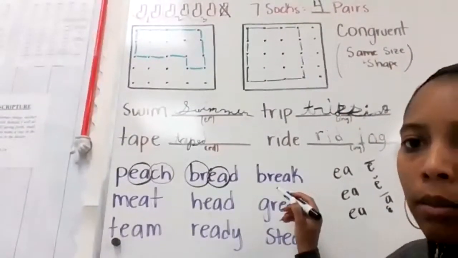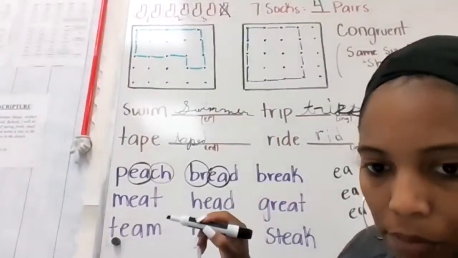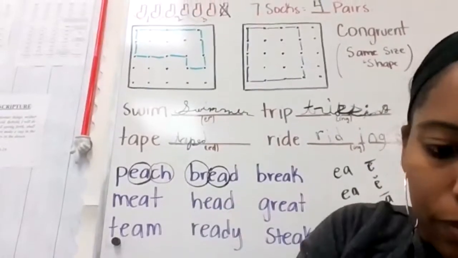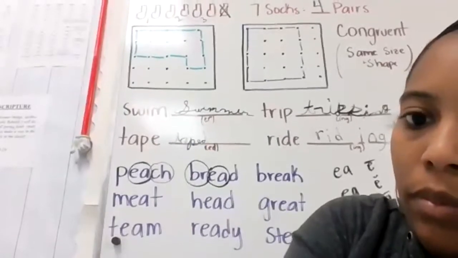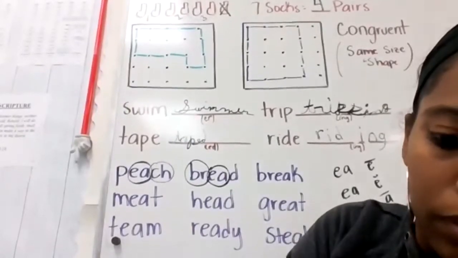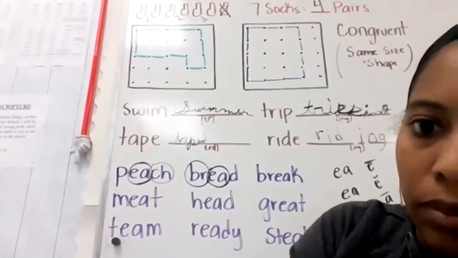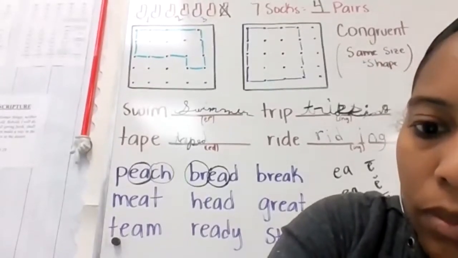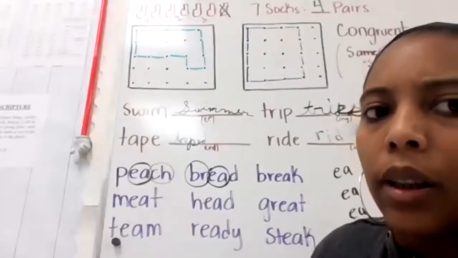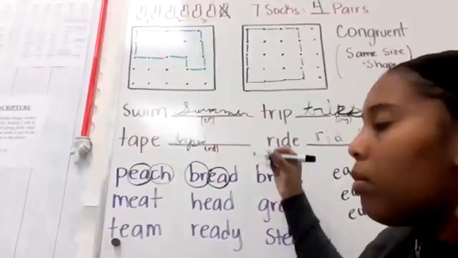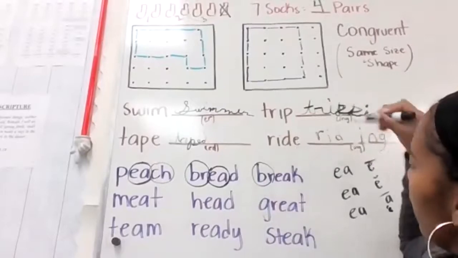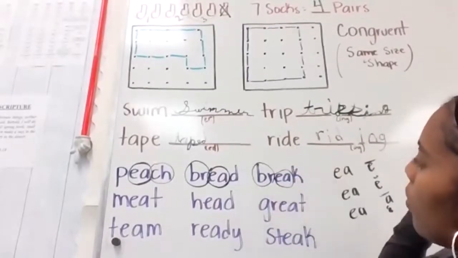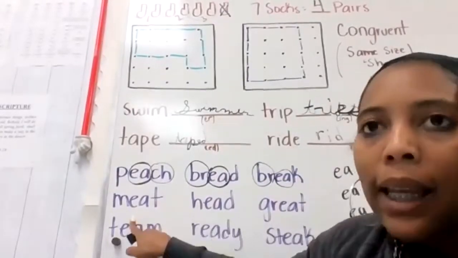Here, Joshua. Okay, sounds. BR. EA. What's the word? Break. All right, back here.